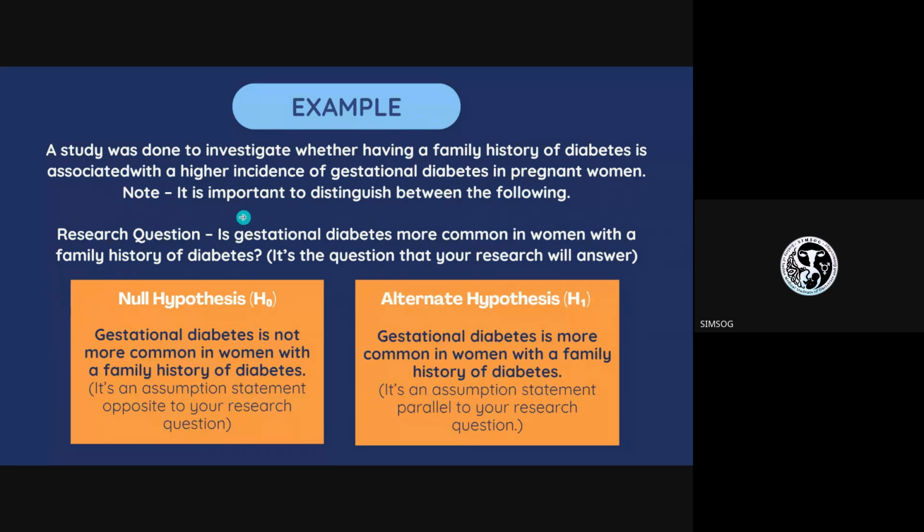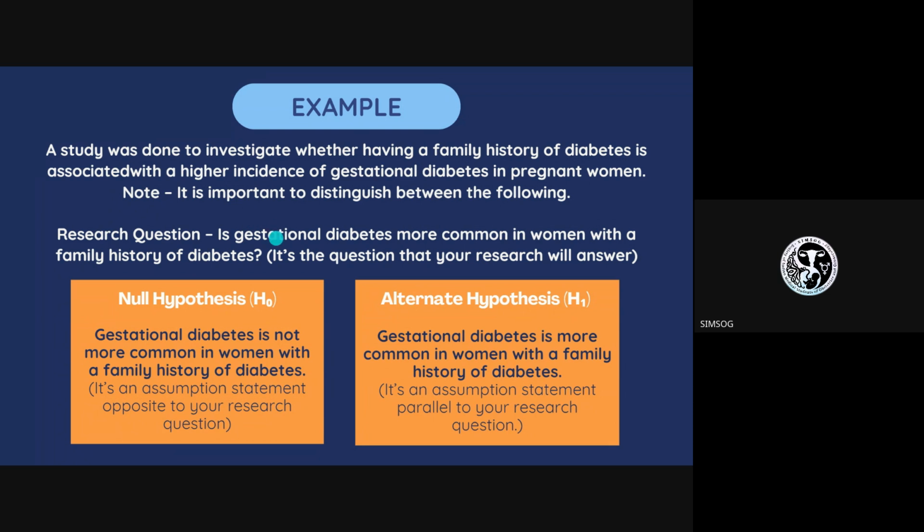Firstly, we should understand what the research question is. The research question is: is gestational diabetes more common in women with a family history of diabetes? Your null hypothesis and your alternate hypothesis essentially answer your research question, where there can be two possibilities. One possibility can be that it does not cause.